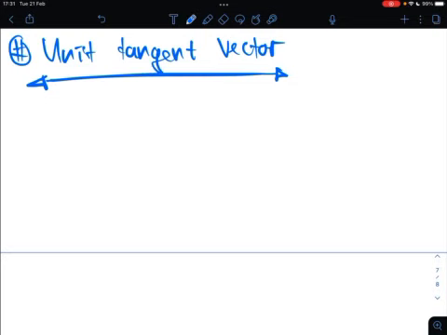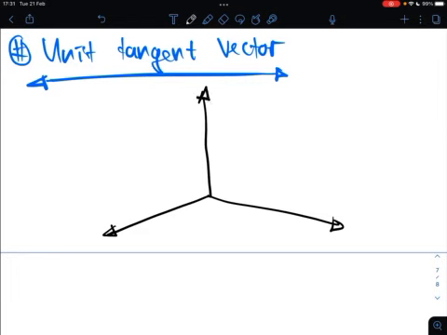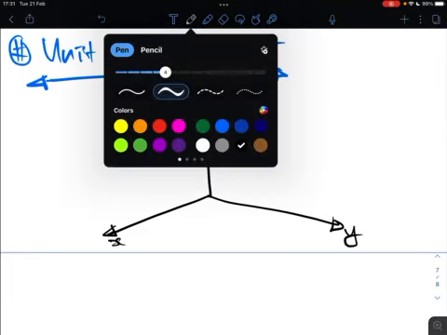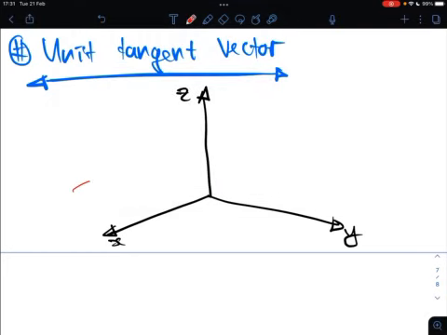But at first, let's understand it before we see how one can obtain it from a space curve. Let's suppose you have a space curve like this one that we have here. So you have a space curve that depicts the motion of a moving particle.